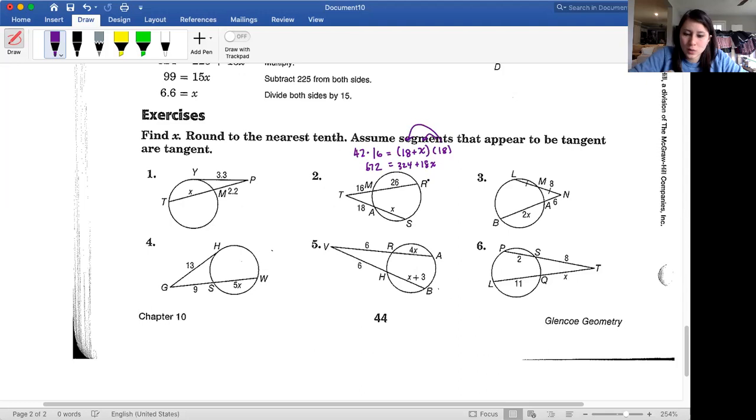And so I'm going to subtract that 324 from both sides. And now I have 348 equals 18x. Divide by 18 on both sides. And x equals a decimal, rounded as 19.3. Ooh, not pretty numbers, right?